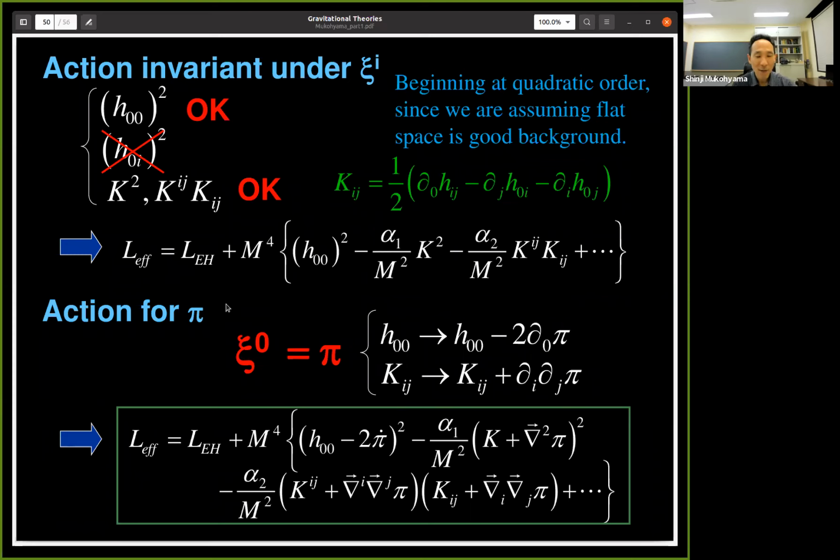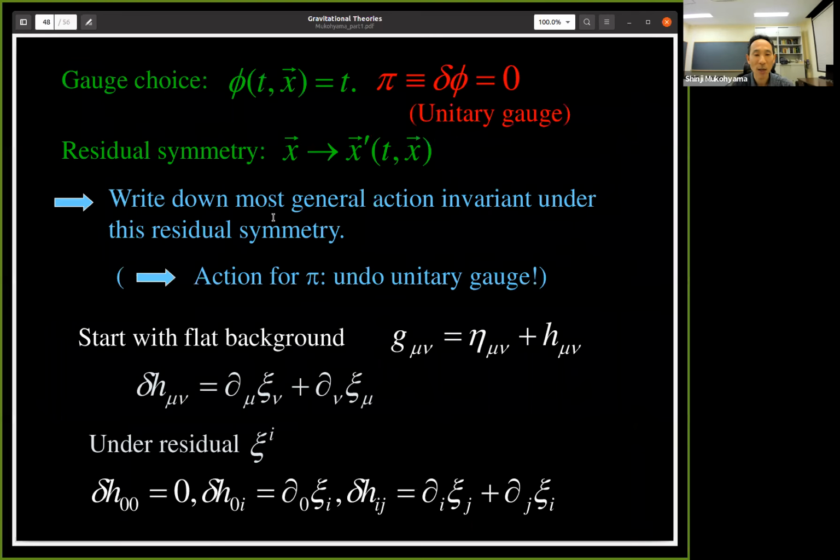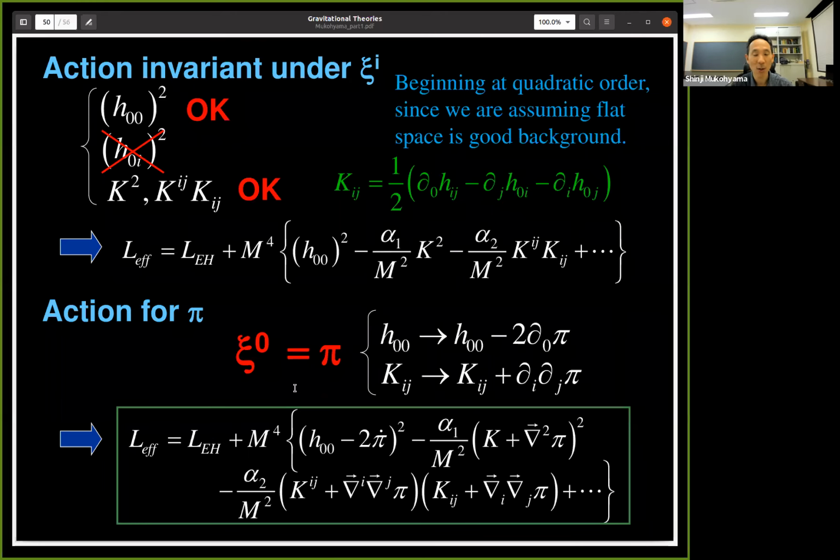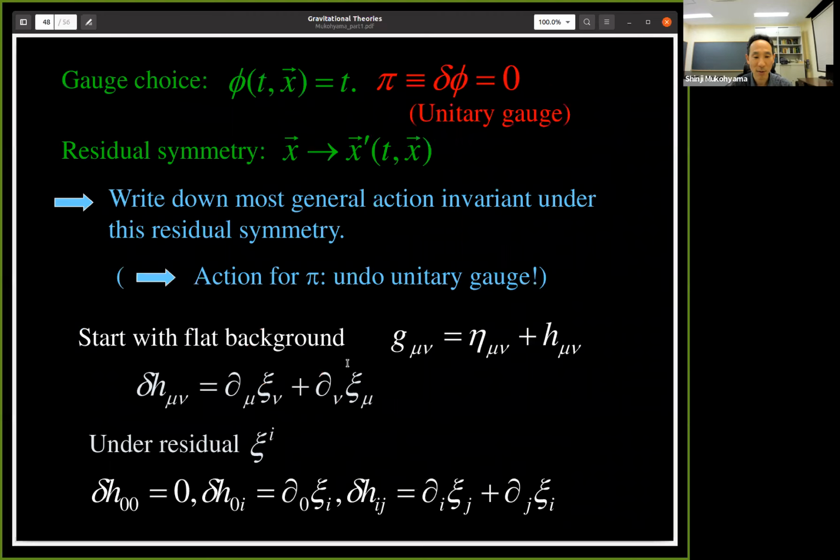Then the action for pi can be recovered by undoing this unitary gauge. We fix this and consider the spatial diffeomorphism as a residual symmetry, and we can undo this gauge by introducing ξ^0. So we can promote ξ^0 to a physical field pi. Then consider this transformation.